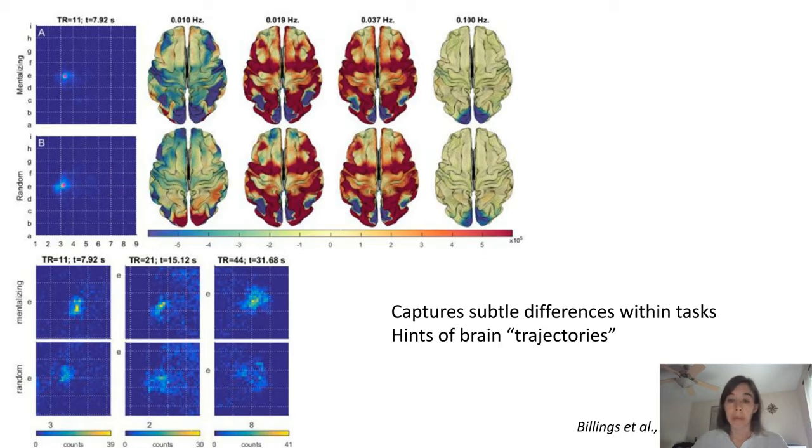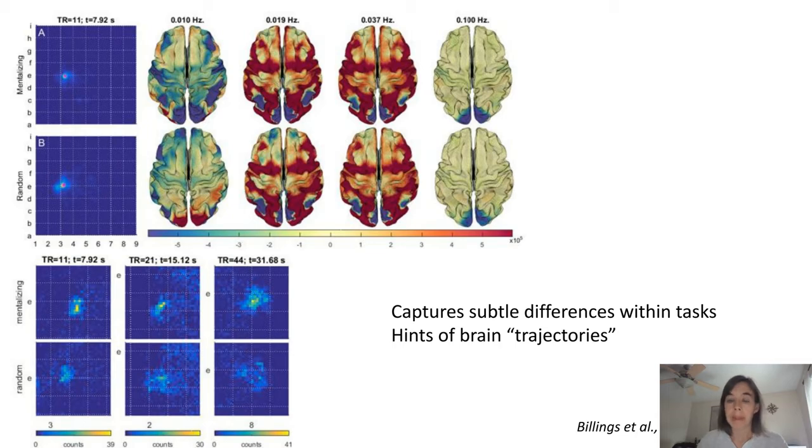One of the things we found very interesting is that if you look time point by time point within a particular task, you can see differences that suggest there might be trajectories of activation within the brain. Here we're looking at two different components of one of the tasks with random dots, one where the dots move randomly, and one where they move in a coordinated manner, which we've labeled as mentalizing on the top.